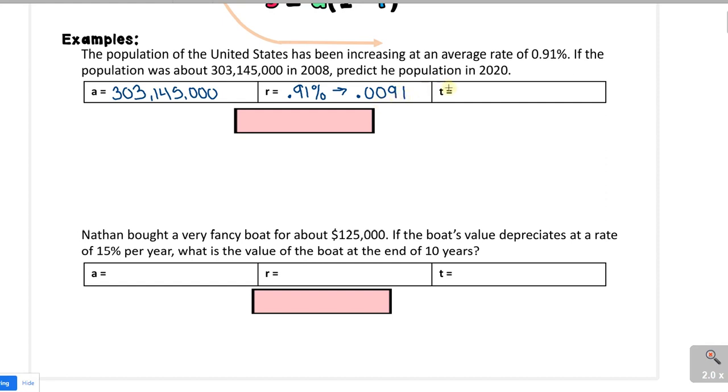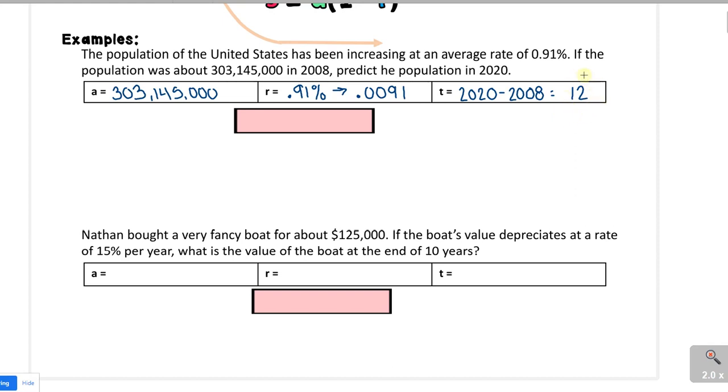And our time. Time is always in years. So we have two time values here, 2020 and 2008. We need to know how many years that is. So we're going to subtract. So when we subtract 2008 from 2020, there is a 12-year difference there.